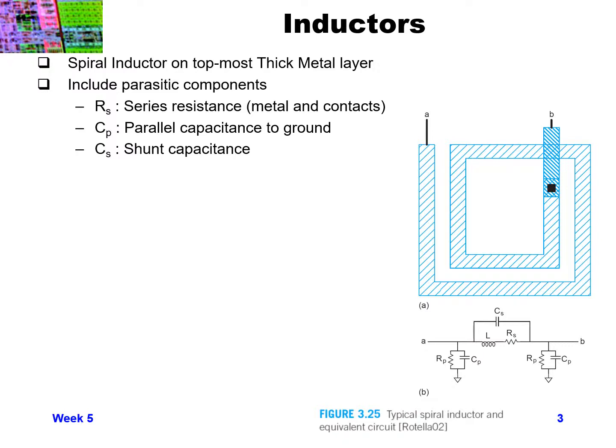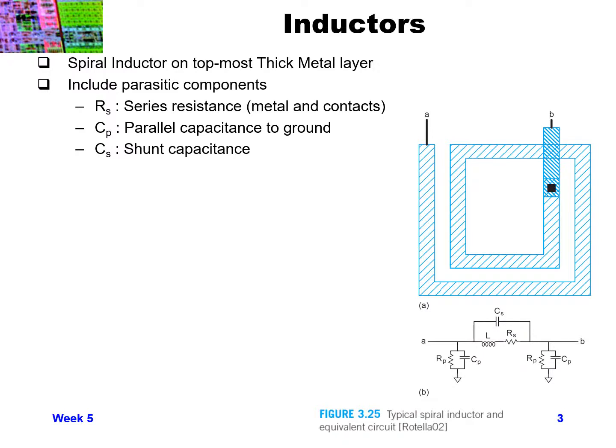Then you'll also have a parallel capacitance to ground, so the capacitance between the inductor windings and a metal layer above or below. If it's the topmost metal layer, then you won't have another metal layer above it.